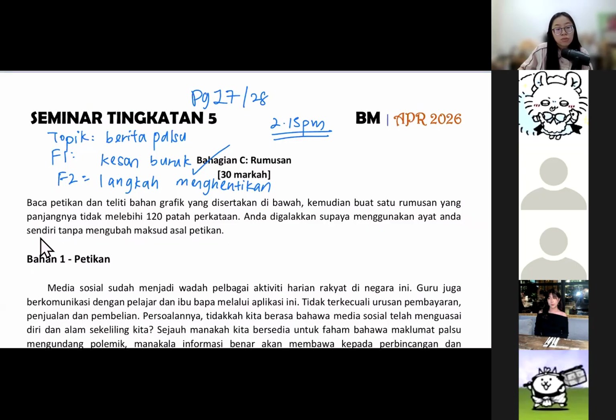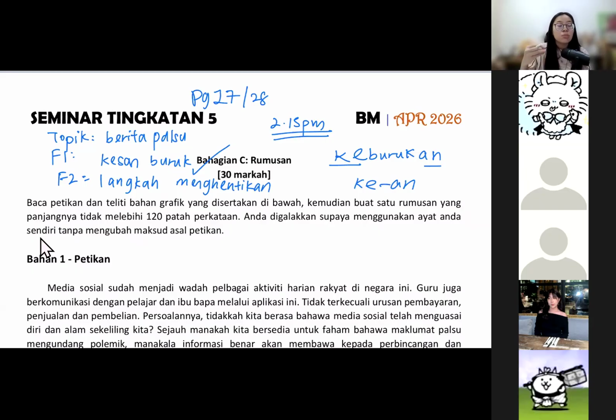Keburukan has one K. Remember, buruk is my original word, and when I add on an, it's just one K at the back, because we only have an imbuhan, we don't have kan imbuhan. Imbuhan akhiran kan is only for kata kerja.